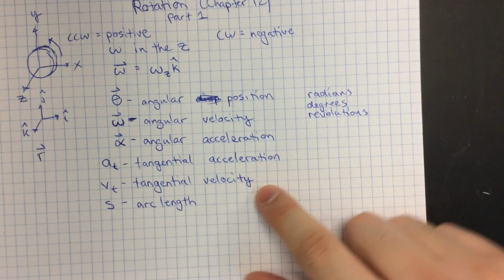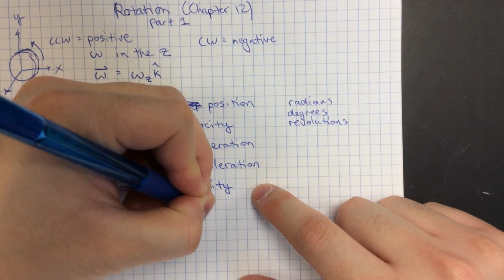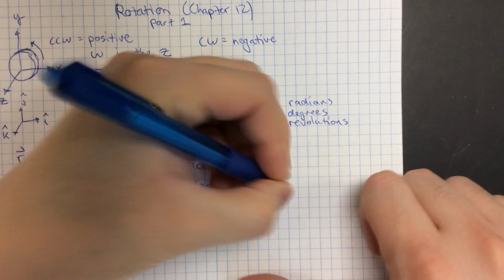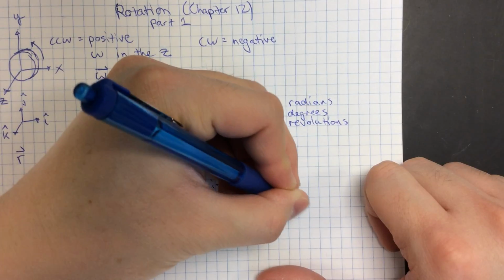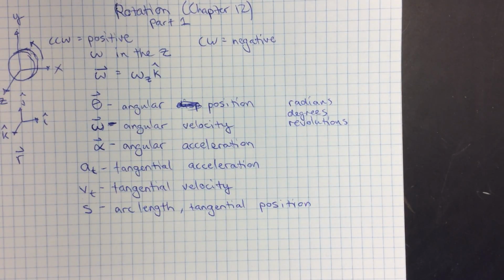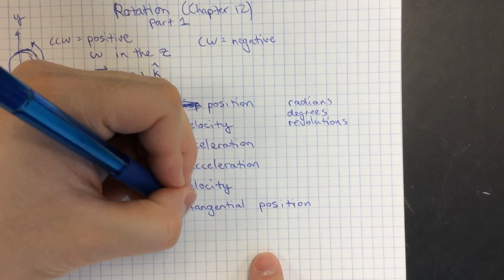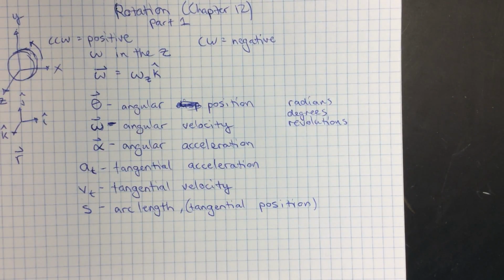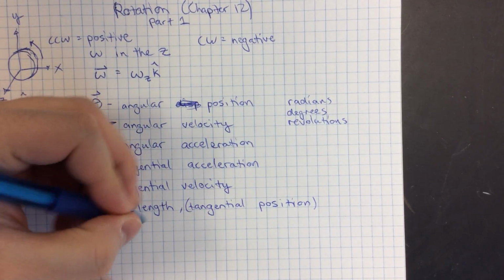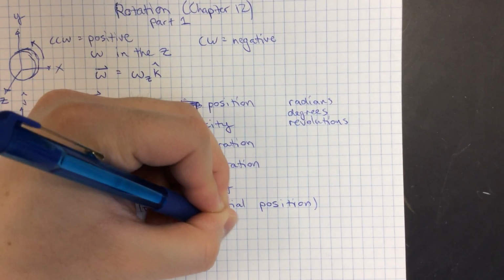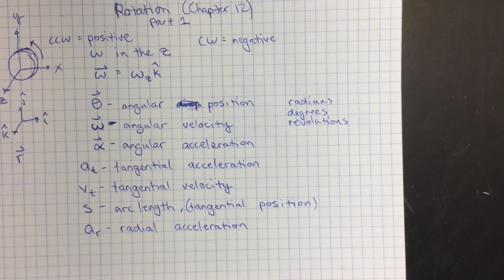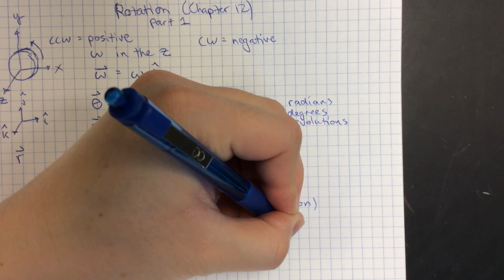If you want to keep with the verbiage, you could say a tangential displacement, or yeah, I guess it can still work to talk about a tangential position. That's a little weird, so I'm gonna put that in parentheses. Usually you'll see it more like an arc length. Yeah. And then we also had a centripetal or radial acceleration. And I'll put in parentheses centripetal.